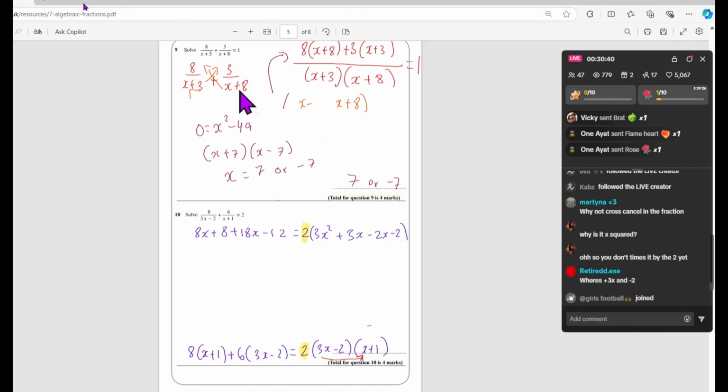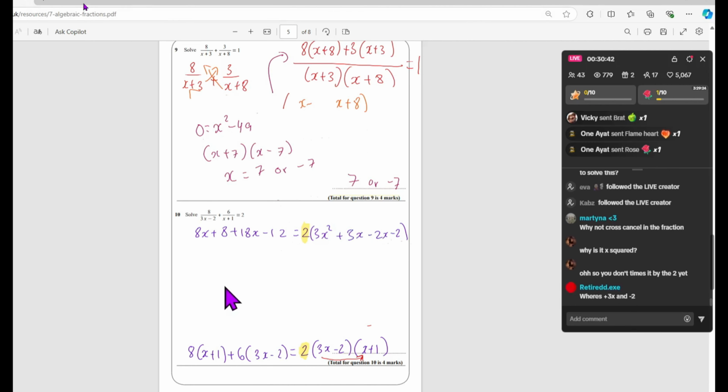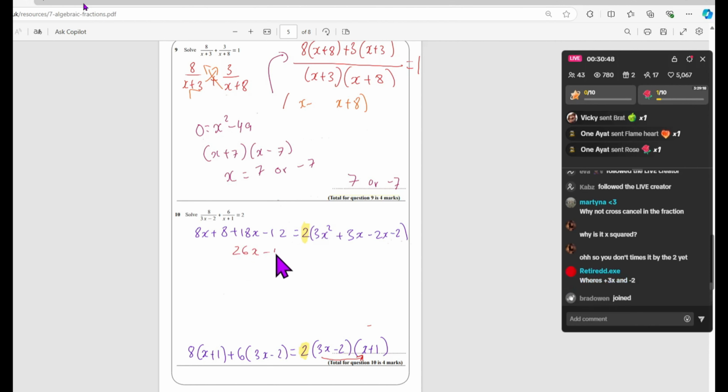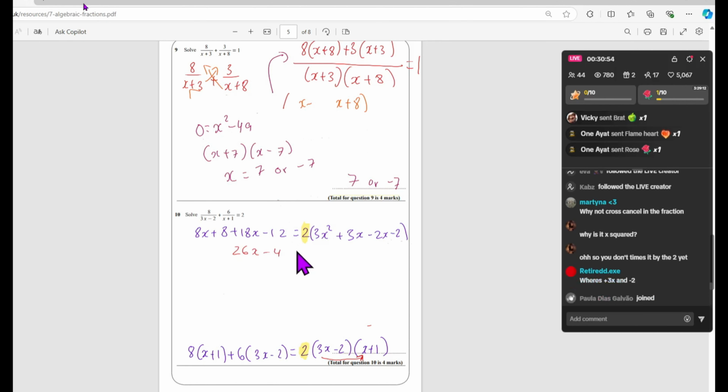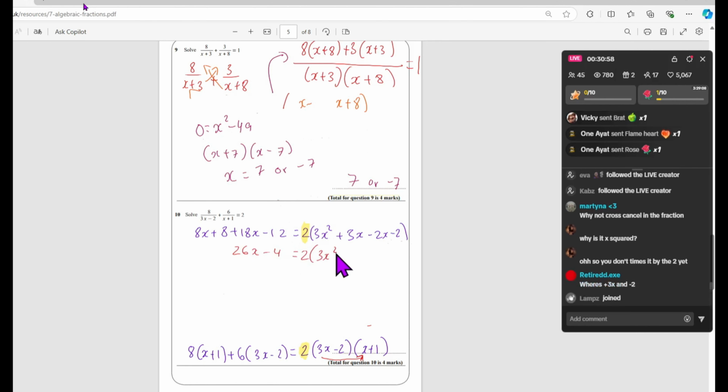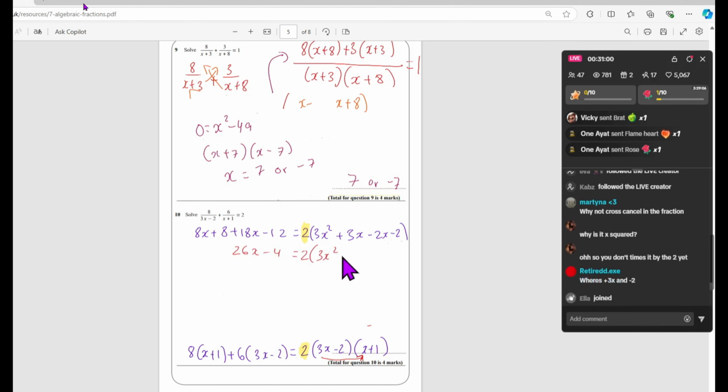Now, once we've done that, we're going to simplify it as usual. And then you're going to end up with 26x minus 4. If we do 8 plus 18x, you'll get 26x. Then 8 minus 12 is going to be negative 4, which is equal to 2, then 3x squared plus x minus 2.